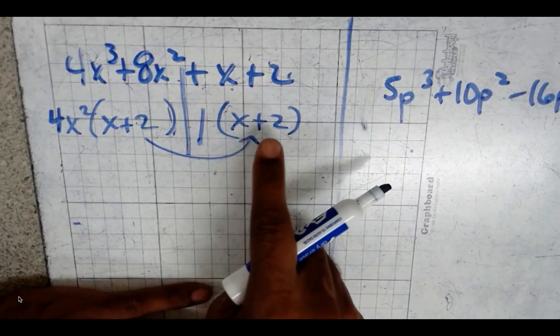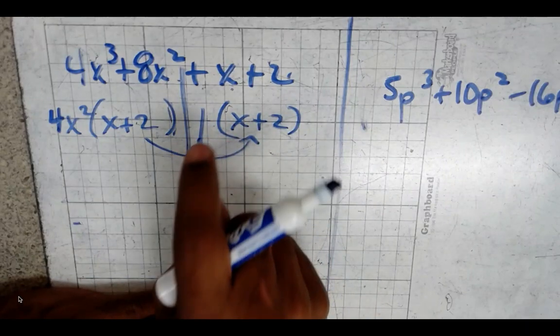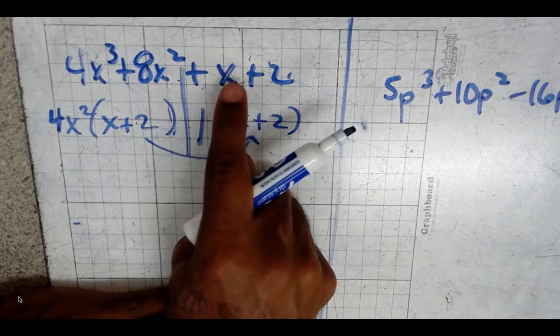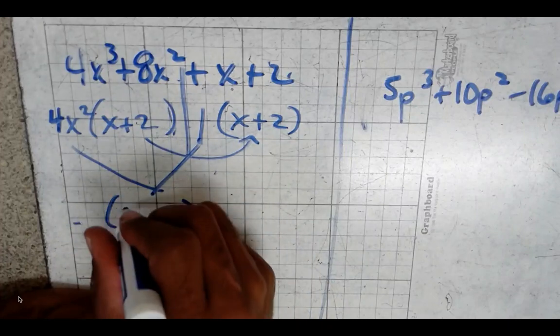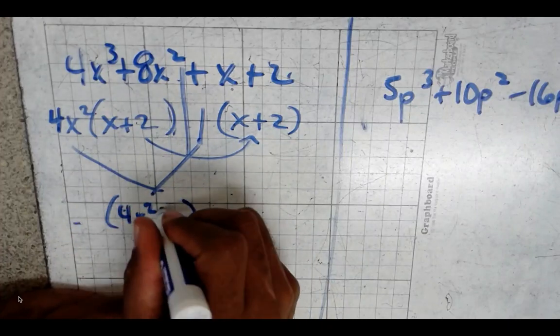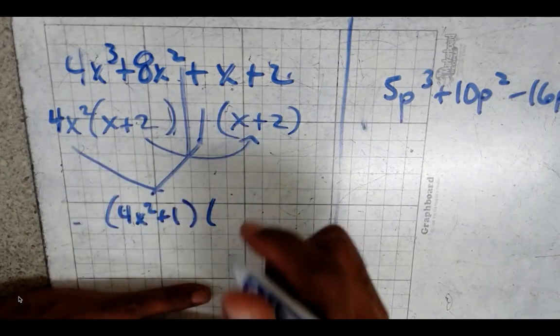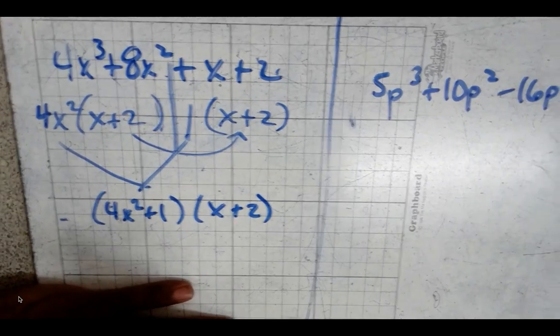Sometimes they'll be different. Like this might be like 2x plus 4, which would make this 2. So basically you have to figure out what number do I have to multiply here times that to get to this term, okay? So now what you do is you take these two GCFs and that becomes your first factor, 4x squared plus 1. And then you basically just take one of these factors up here and write it down here as your second factor. Okay, so that's how you do that.